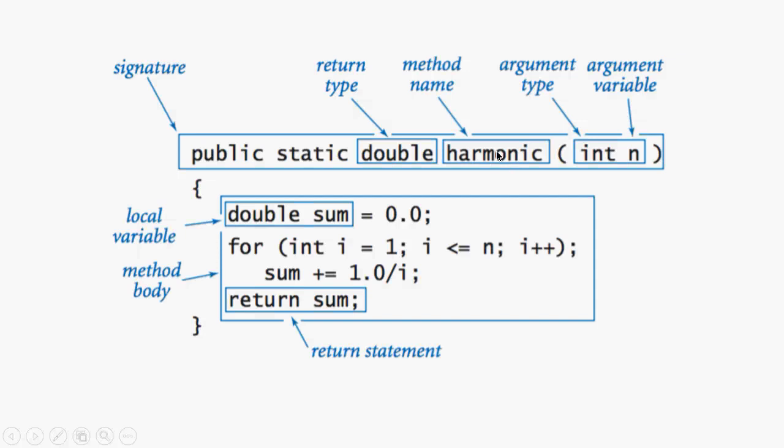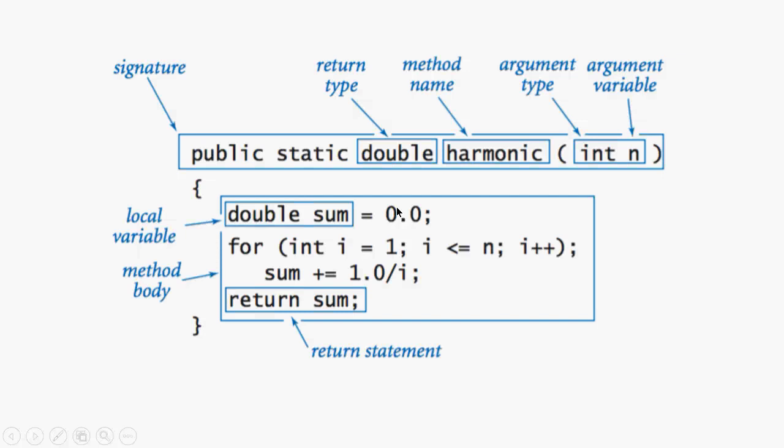And this is called the method name. What is the name of the method? Using this name only we will refer to this method. And this is called the argument type, and this is the actual argument variable which is going to hold the data. Again you can see here integer type. So here we define one more local variable. Whatever variables we define or declare inside these parentheses are called local variables.